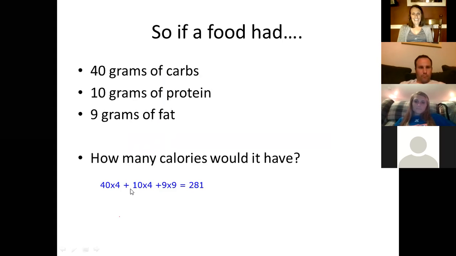Very good. If you saw that amount on a food label, they would probably round it and make it 280.